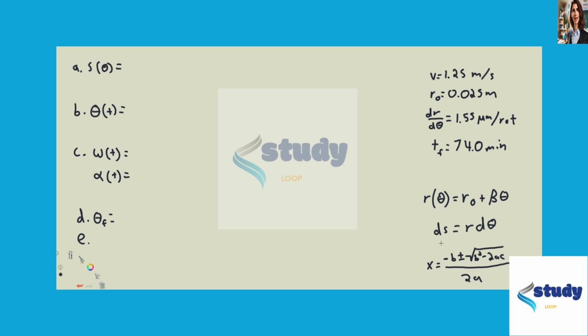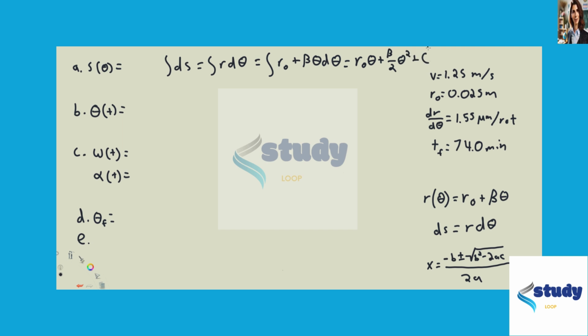So the first thing to do is to use the formula we have right here. If we take the integral of ds, we'll of course get s, and then we can set that equal to the integral of the other side, r d theta. And since we have what r is with respect to theta, we can just plug that in. The integral of r naught plus beta theta d theta gives us r naught theta plus beta over 2 theta squared plus c.